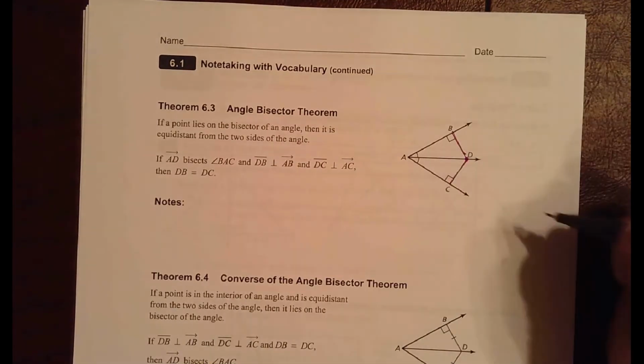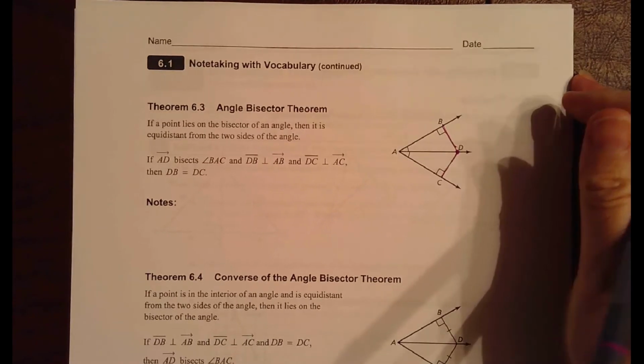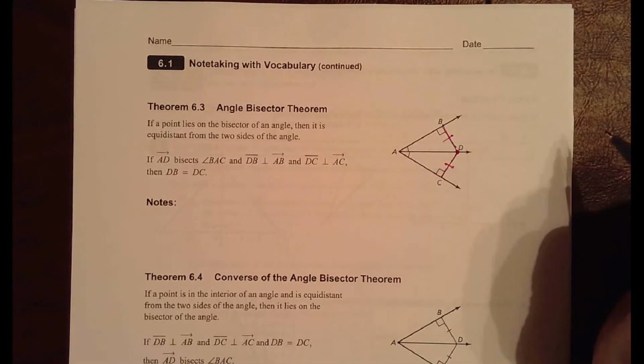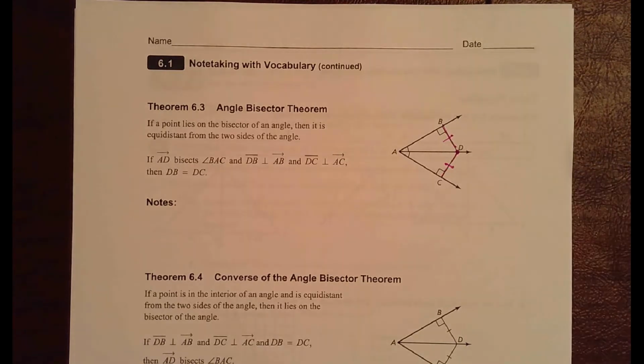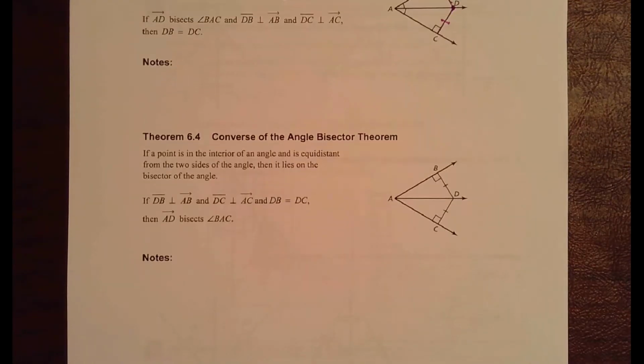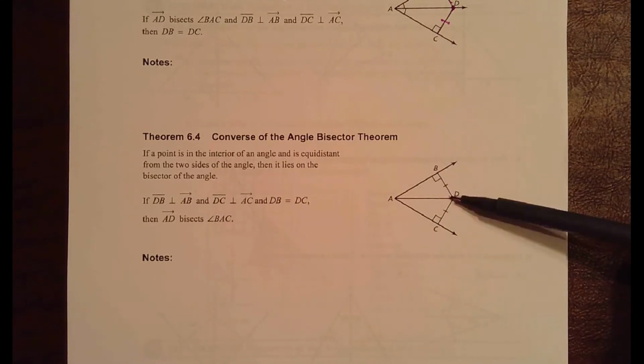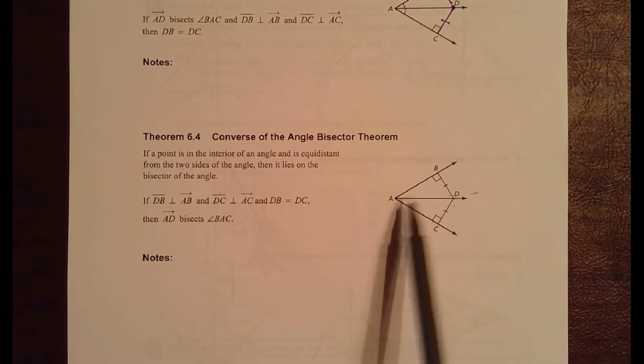So those 2 pieces must be equal. All right, and then the converse is, again, obviously stating the opposite. If we know that D is equal distance from B and D is equidistant from C, then this must be the angle bisector of the angle.